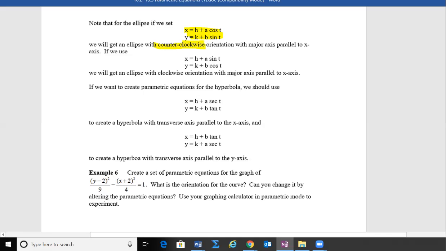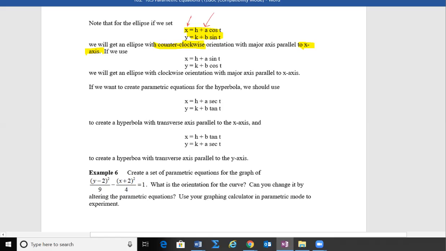Major axis parallel to the x-axis. Notice the major has the a involved. x and a are together. That means that's going to be your major axis, parallel to that.